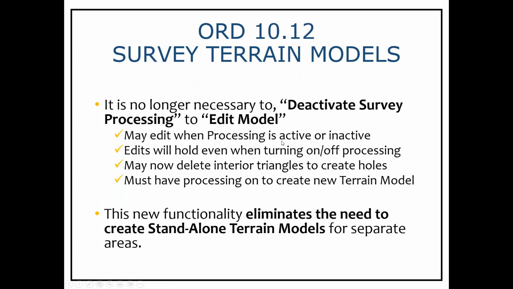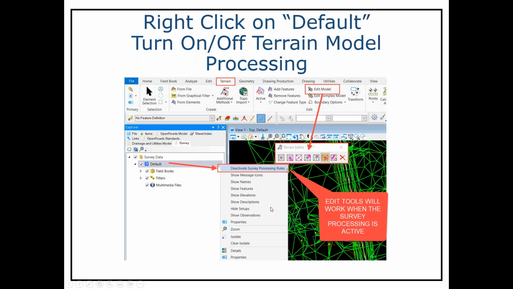Although it's not necessarily a bad idea if you're happy with your terrain model and you want to pretty much seal it up in concrete and say, okay, this is never going to change, then you might want to move it to a standalone, which also will help later if it expands. You can merge terrain models pretty easily. Okay.